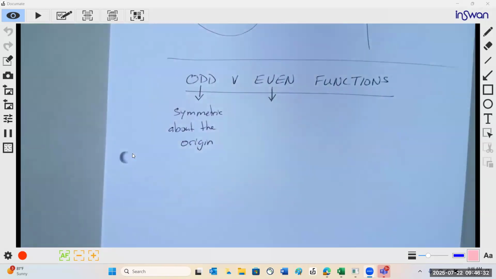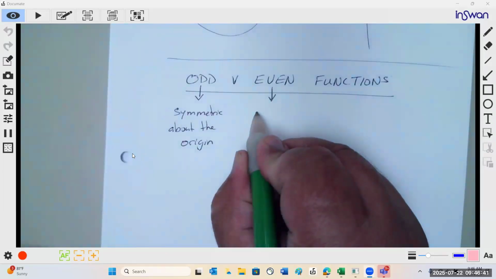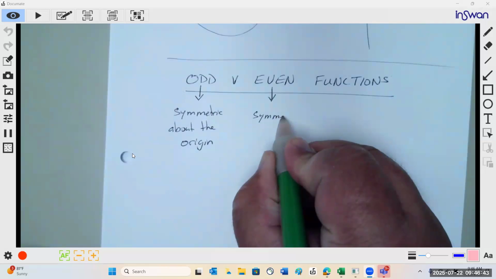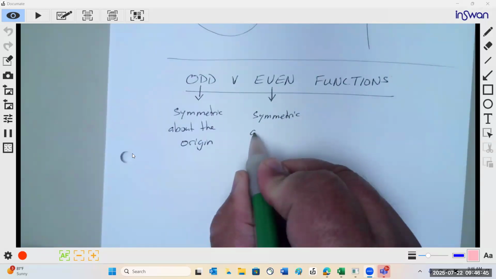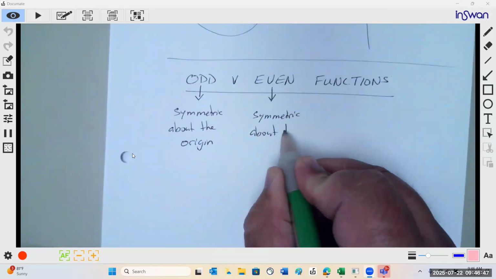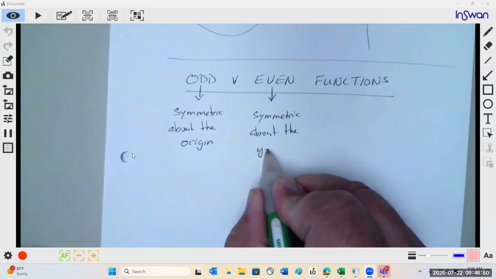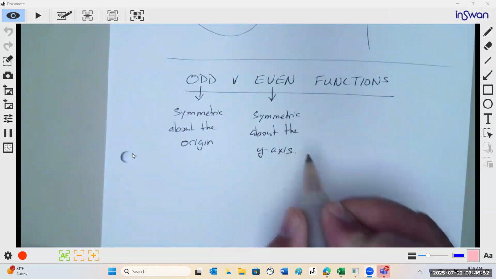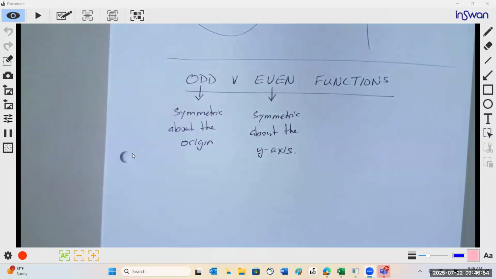So if a function is symmetric about the origin, then we know it's an odd function. If it's an even function, it's symmetric about the y-axis. There's nothing about the x-axis.